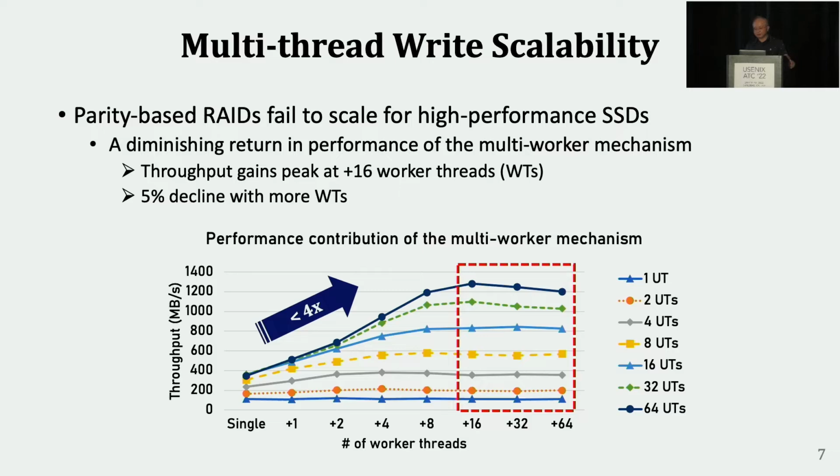MD with 64 worker threads has a write throughput improvement of less than 4 times over the single worker thread, and its performance gain peaks at 16 worker threads. So as a result, even with multiple worker threads, parity RAIDs still fall far short of fully leveraging the individual device performance.